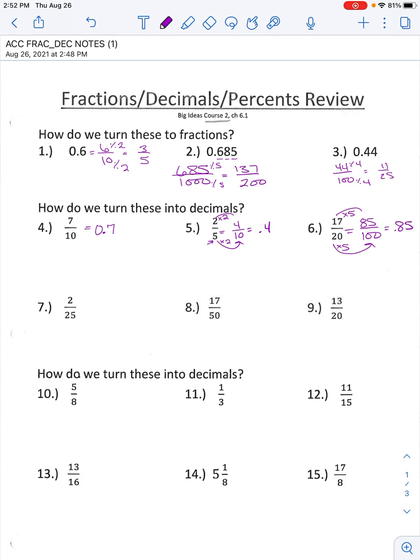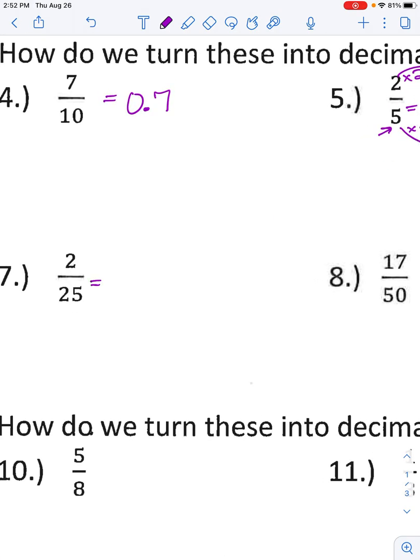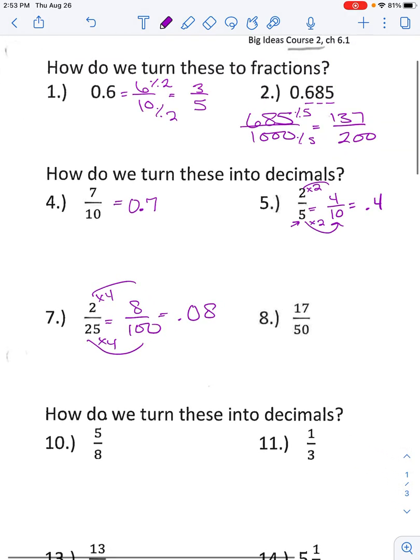On the next one, 2/25, I can make this out of hundredths by multiplying by 4. And 8 hundredths is 0.08. Make sure you don't write 0.8 because that is 8/10, not 8 hundredths.